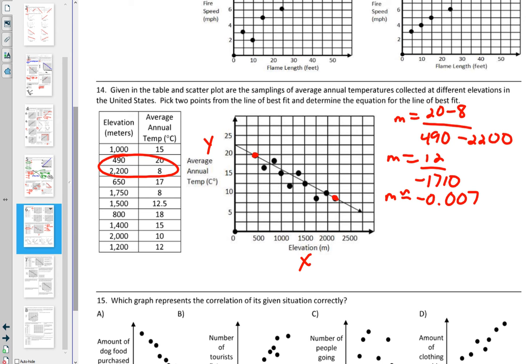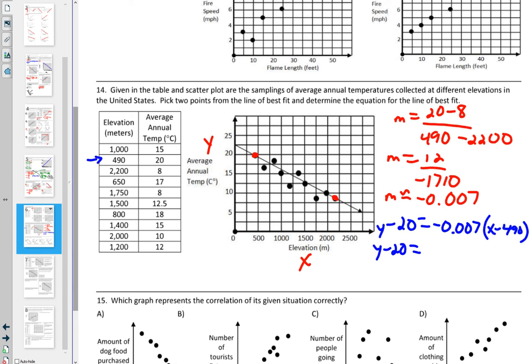And then to find the y-intercept, pick any of the points. Let's just pick the one with a smaller number. Let's pick this 490 and 20, and then let's use point slope. So y minus 20 is equal to negative 0.007, and x minus 490. Do you remember this from the first semester? And then just solve for y.